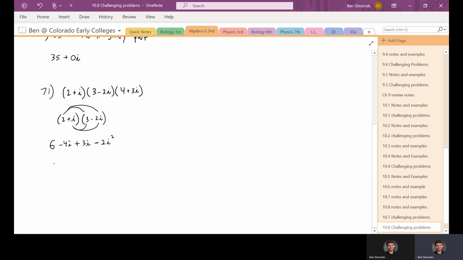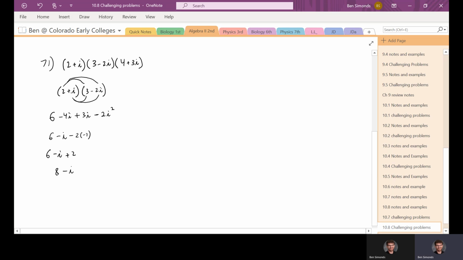So now let's simplify. 6 is just 6. A negative 4i and a positive 3i leaves us with a negative 1i, or just negative i. And we have negative 2 times negative 1. Remember, i squared is negative 1, because i is the square root of negative 1. So when we square that, the square root goes away, and we're left with negative 1. So i squared there is negative 1. And this becomes 6 minus i plus 2, or 8 minus i.